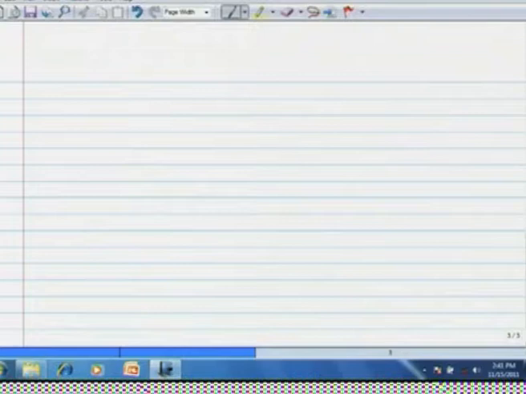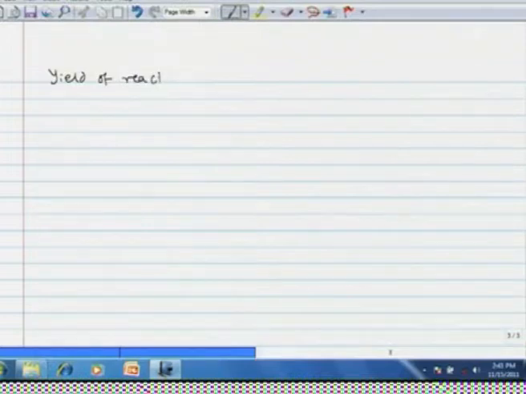The next aspect of reaction information is the yield of reaction. Under what circumstances will you get the maximum yield? Conditions corresponding to maximum yield.